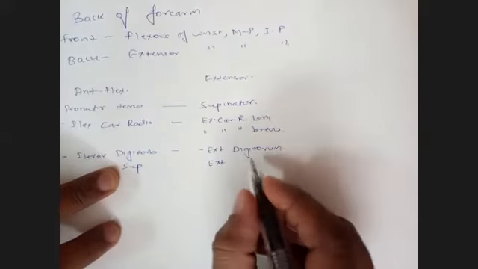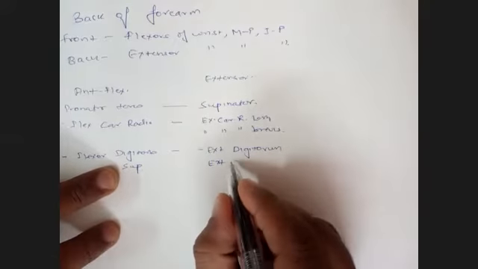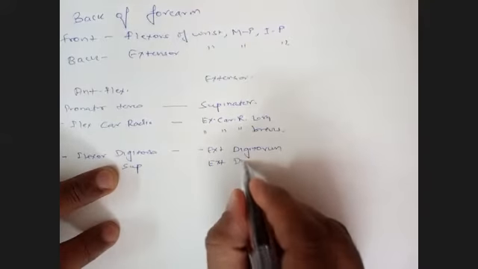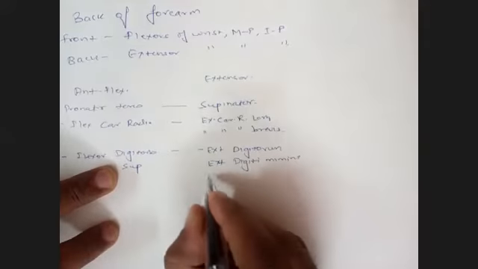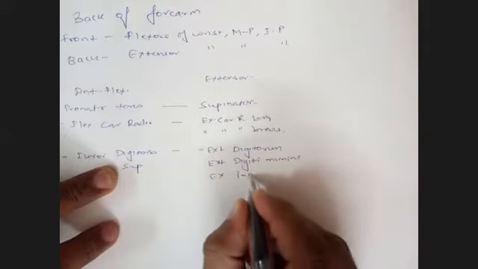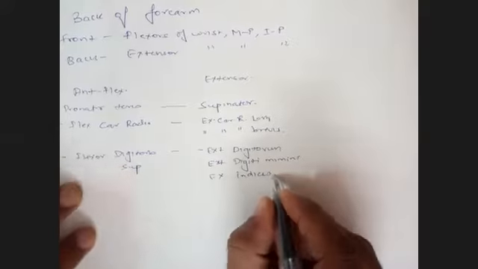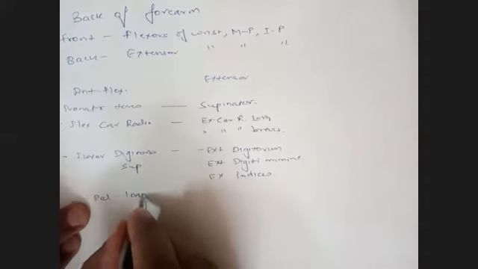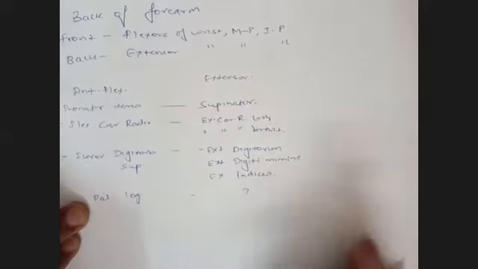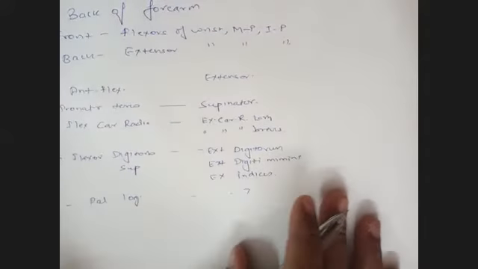But instead of having profundus, we have some other things like extensor digiti minimi. This is for the little finger, and extensor indicis. Then there was palmaris longus. There is nothing for palmaris longus in the extensor compartment.